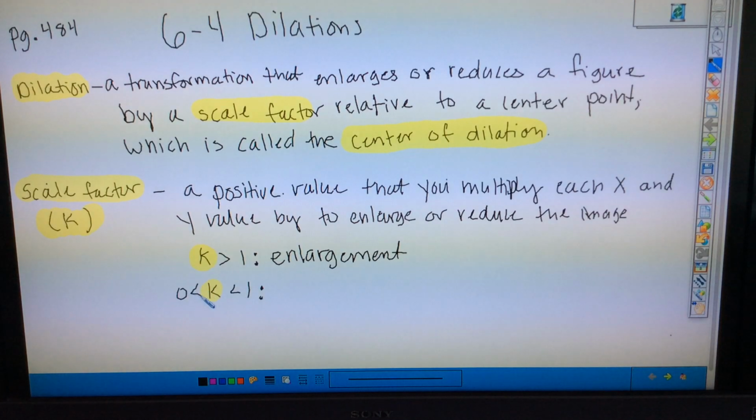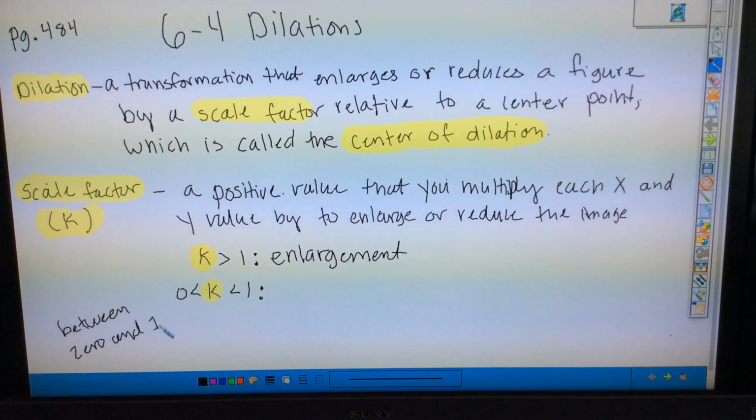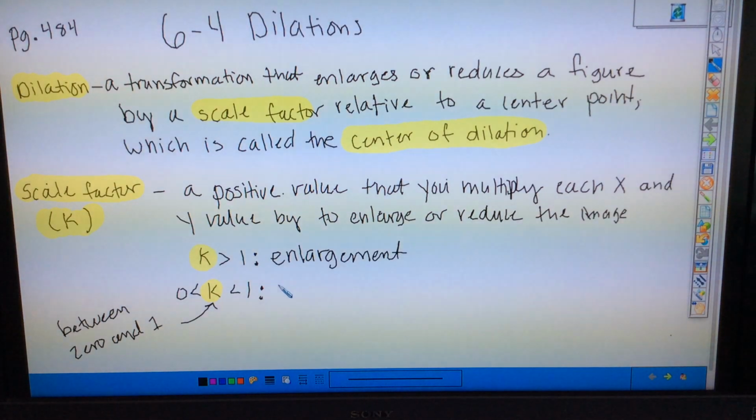If it's greater than 0 but less than 1, so between 0 and 1, I know these are kind of confusing symbols, that's actually going to be a reduction.